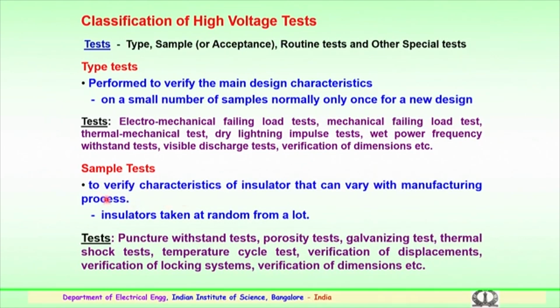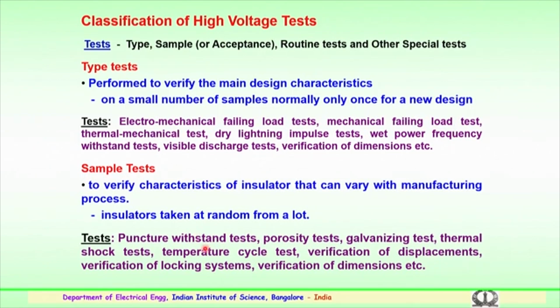The sample test: here again, the main intention is to verify the characteristics of an insulator that can vary with the manufacturing process. For the sample test, generally the insulators are taken at random from a lot. A few samples are selected from that particular lot, and these samples undergo the puncture withstand test, the porosity test, to see whether the material is porous from the manufacturing stage, the galvanizing test, and the thermal shock test, whether the insulator will be able to take the thermal shock.